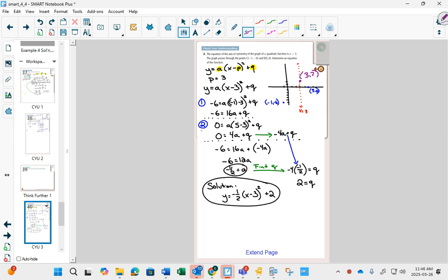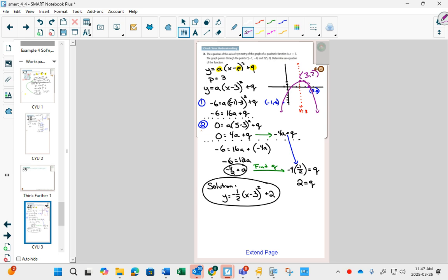Then I should be able to go over 1, down 1/2, over 1, down 3/2, and sure enough, that matches up with that point. So I could use it as a double check. Does my a value and my vertex actually do what I want it to do? This would be the parabola as a result of what we found.